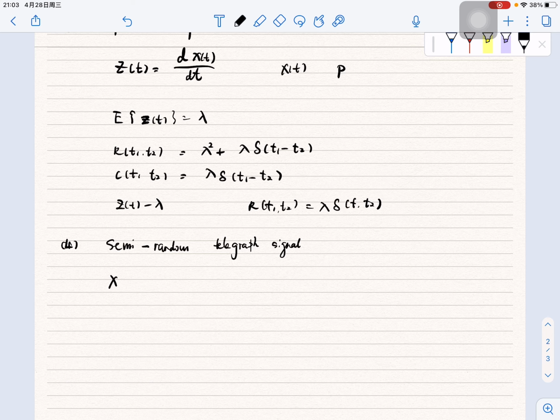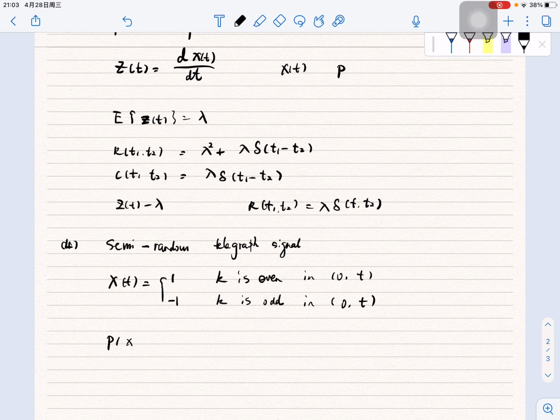And we can define X(t) equals 1 or minus 1: when k is even in (0, t), it's 1; when k is odd in (0, t), it's minus 1. We can get the first order probability mass.